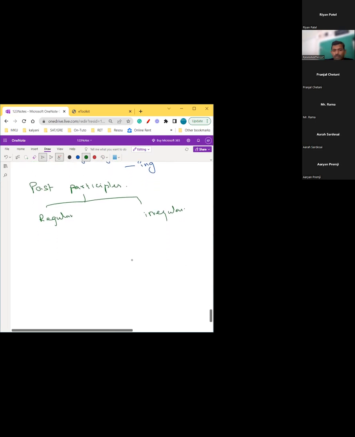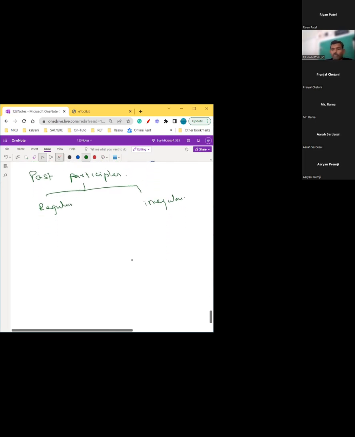When it comes to past participles, they could be regular or irregular ones. For example, if I say straightened or pushed, they end with -ed. So if you see any regular past participles, you see them end with -ed.